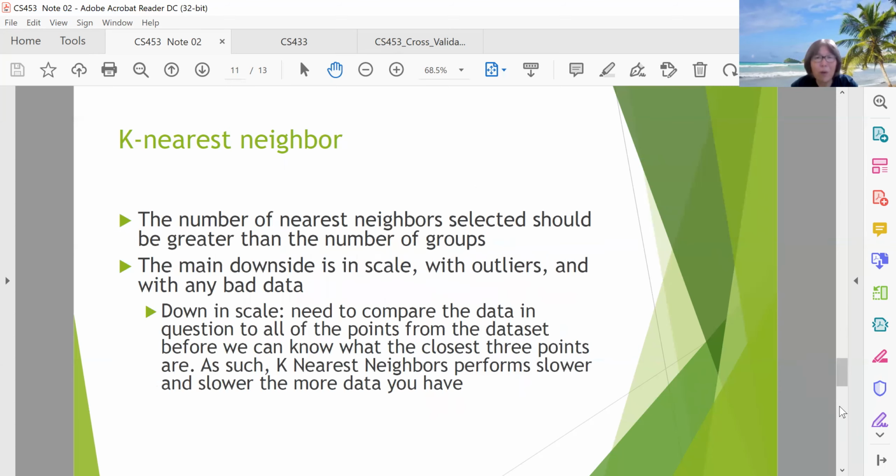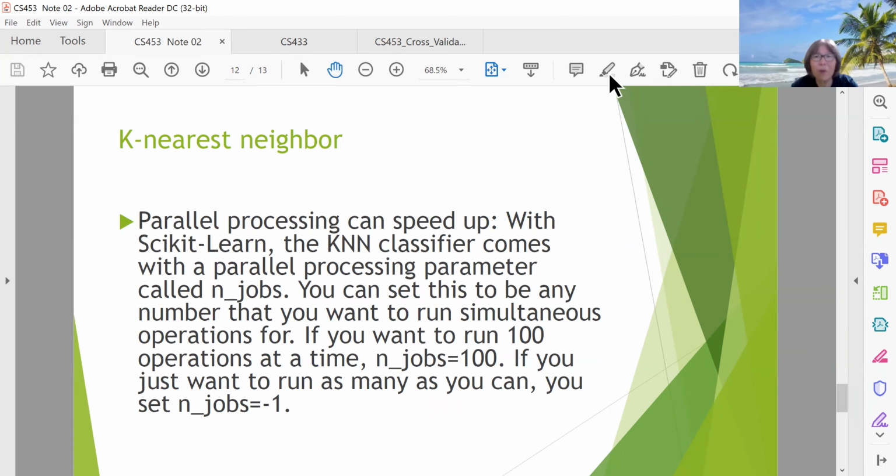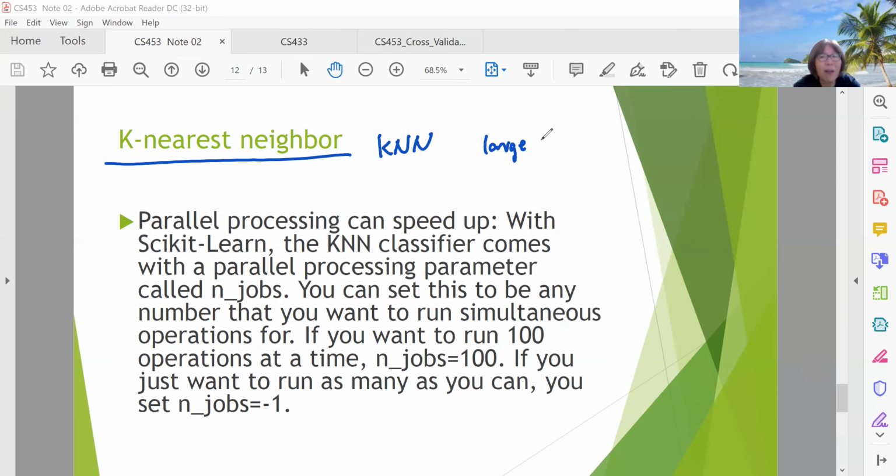So the Euclidean, we already saw that, and we already kind of know that. And one of the downsides for KNN, if you recall, is that with a large data set, the storage will be an issue because it's in memory.